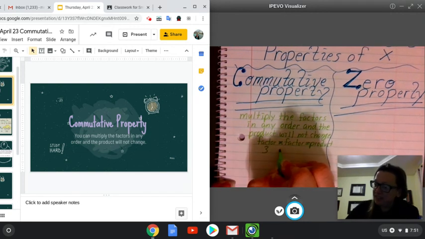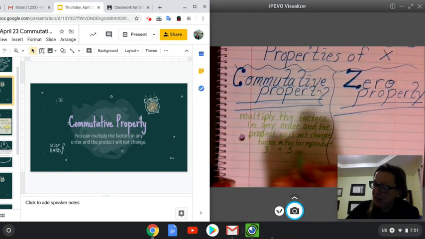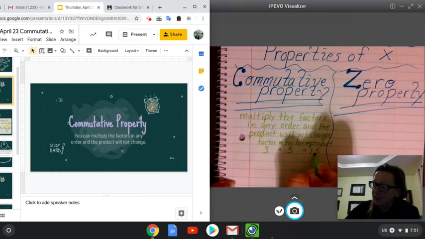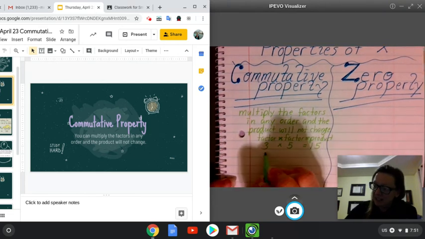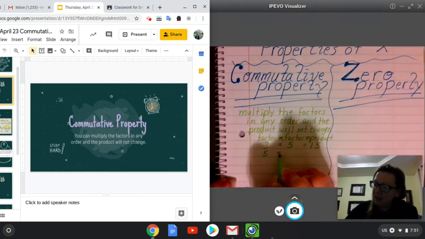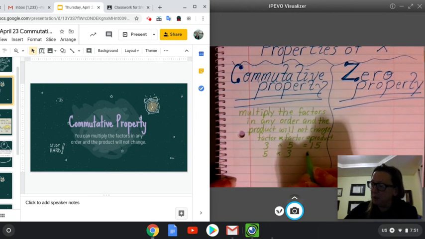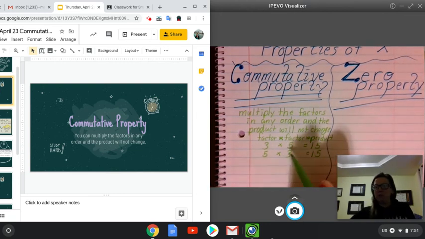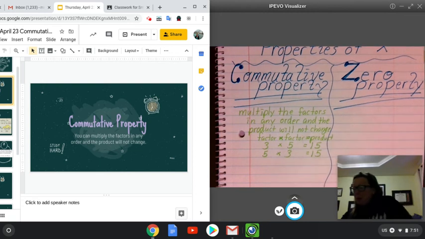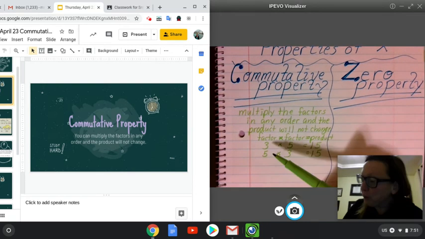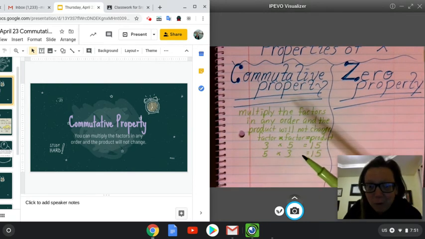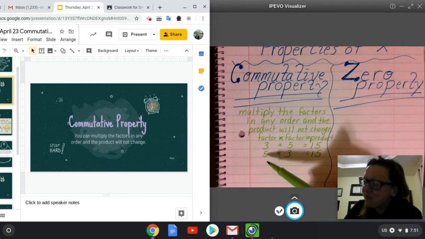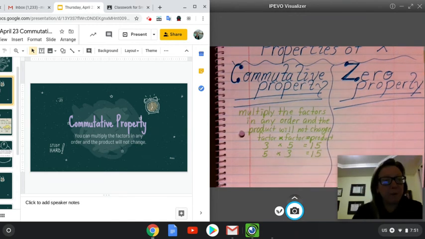So if I have 3 times 5 equals 15, then that also means that 5 times 3 will equal 15. Doesn't matter what order these are in, because 3 groups of 5 will give me the same answer as 5 groups of 3.